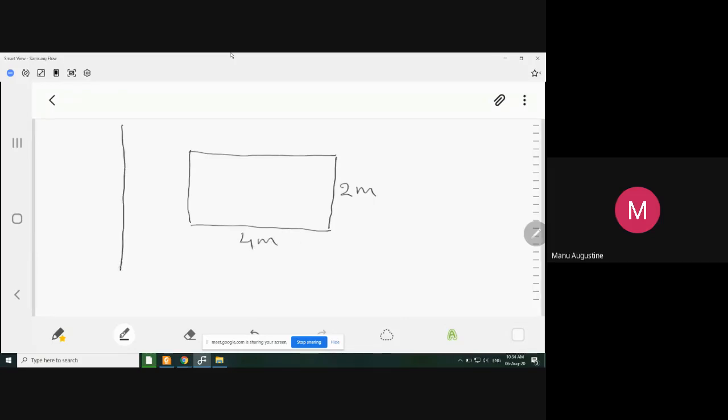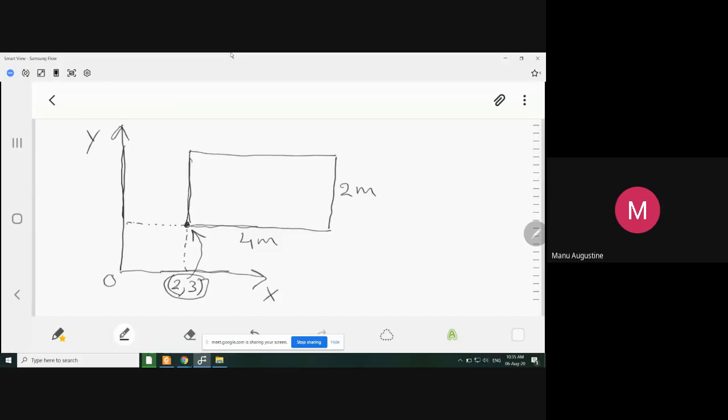I have a coordinate axis with me, x and y. This rectangle is placed exactly in such a way so that this side is parallel to x and this side is parallel to y. This is the origin, and the given information is that this corner of the rectangle has the coordinates of, let us say, 2, 3. This point has coordinates 2, 3.